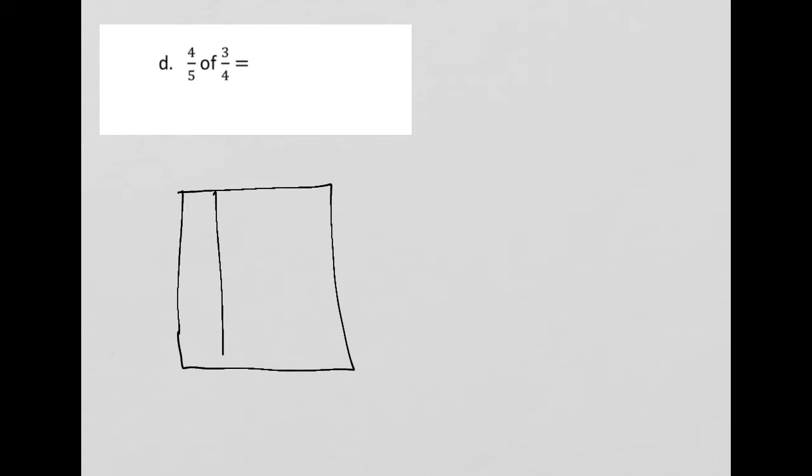Let's try another one with our model. So we've got 4/5 of 3/4. So we start off with the same idea. We've got 3/4 a pan of brownies. So I'm going to draw my 3/4 first.